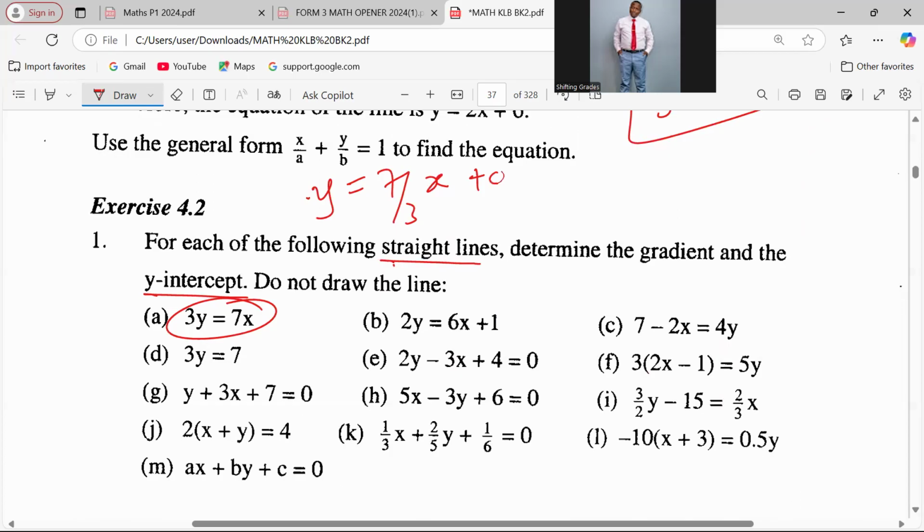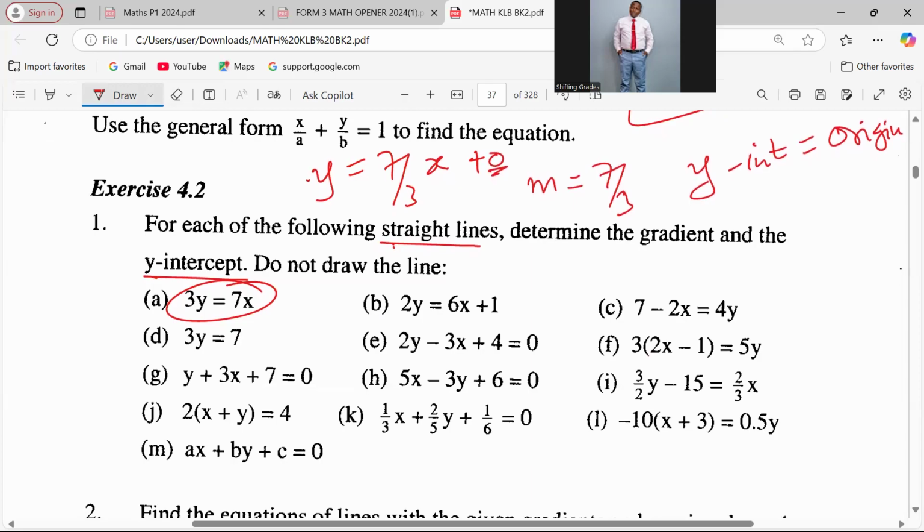There is nothing we are adding here. That means the gradient is 7/3, and there is no y-intercept, or rather, the line passes through the origin.